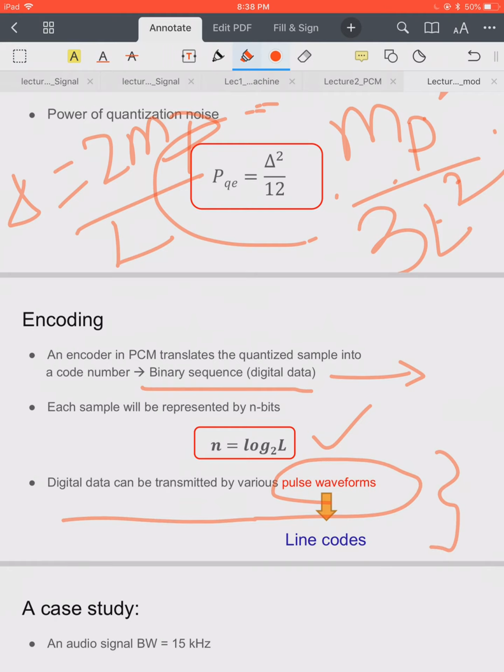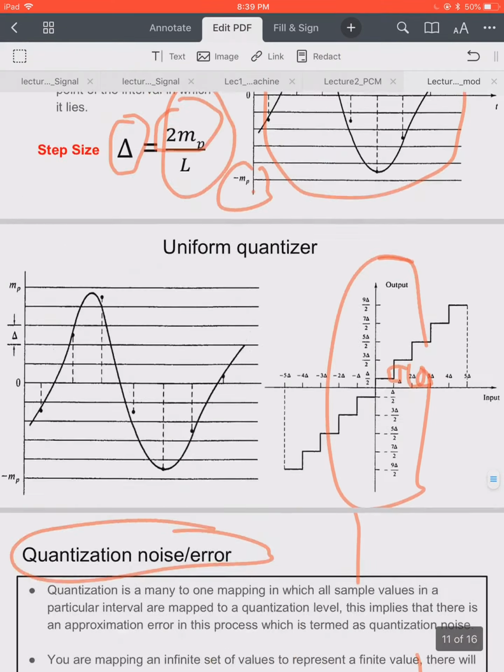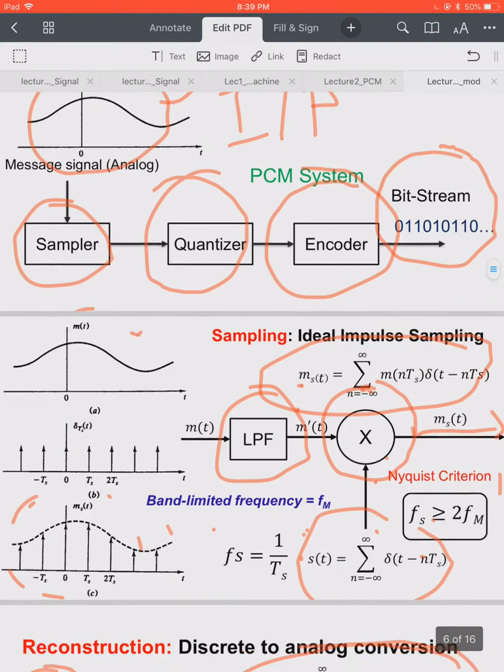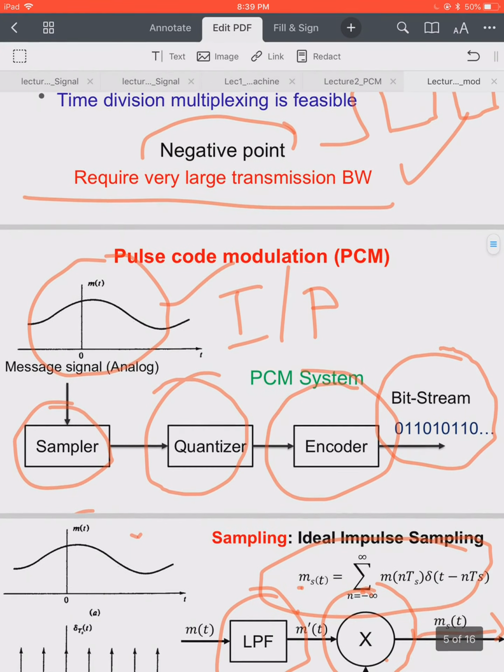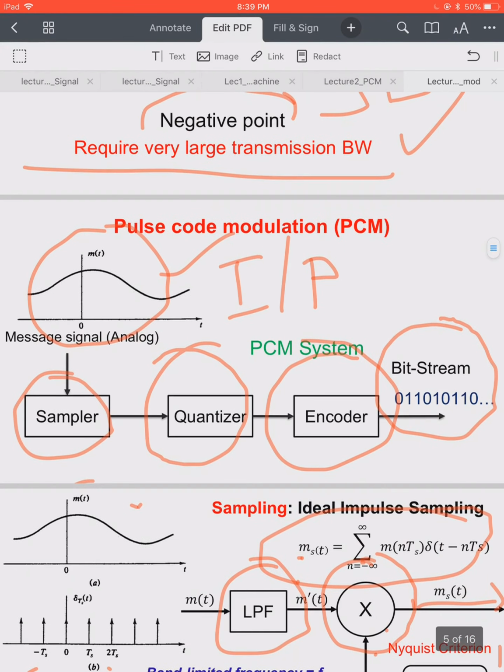PCM, pulse code modulation. So in the pipeline of PCM, pulse code modulation, it has 3 steps. One is sampling. Sampling basically converts a continuous time signal to a discrete time signal.